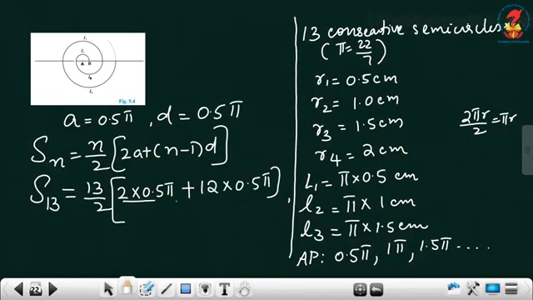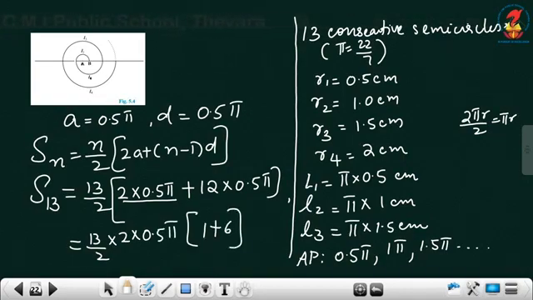And we can take out 2 × 0.5π. So 13/2 × 2 × 0.5π × (1 + 6).